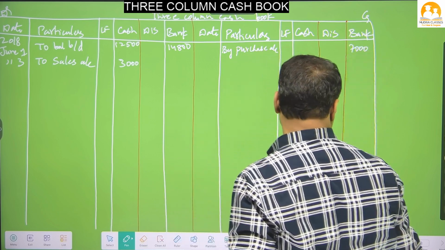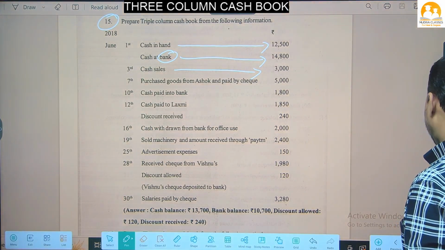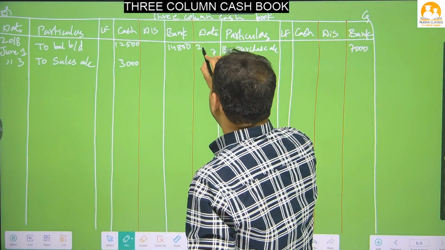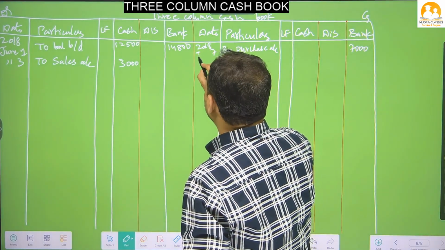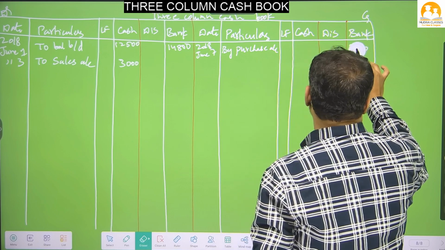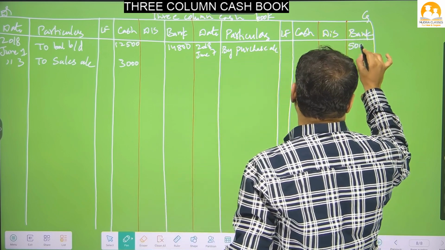So write in bank column 7,000 rupees. Okay, not 7,000, 5,000 rupees. Date is 7, 2018 June 7. So amount is 5,000 rupees, not 7,000 rupees. Okay, right.